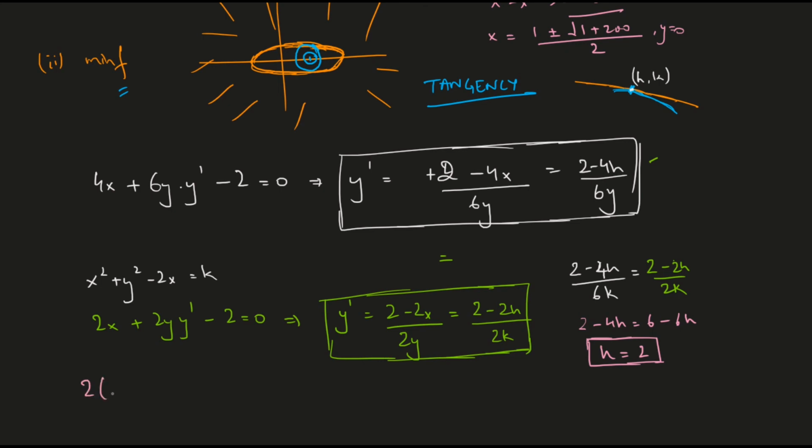Let me just write k here to avoid confusion. So the point h comma k lies on the ellipse, so obviously it would satisfy the equation of the ellipse, and from this we can calculate the value of k. This h would be 2 as well.